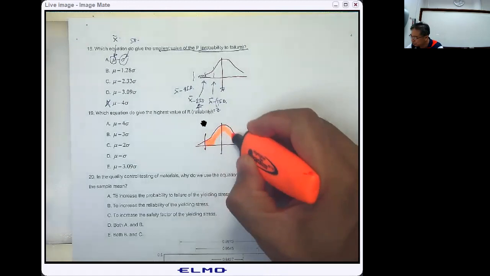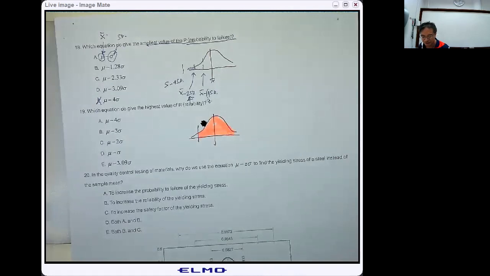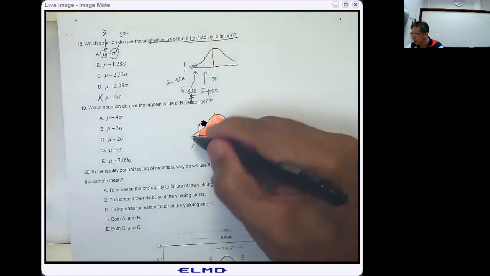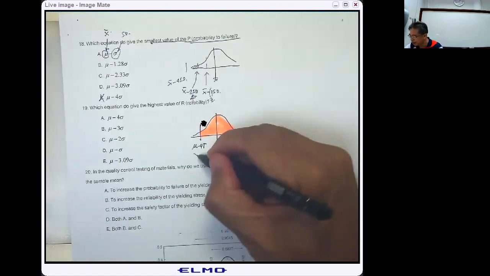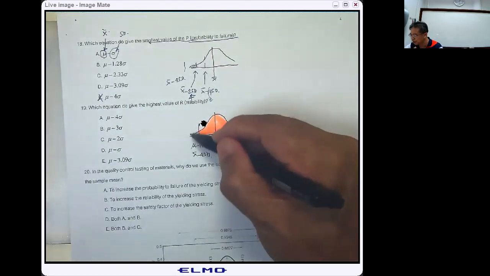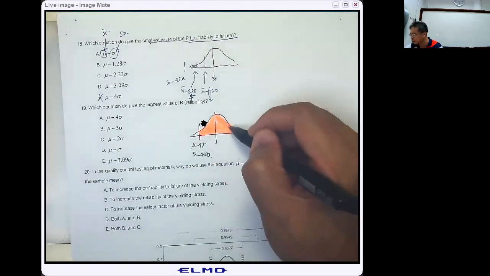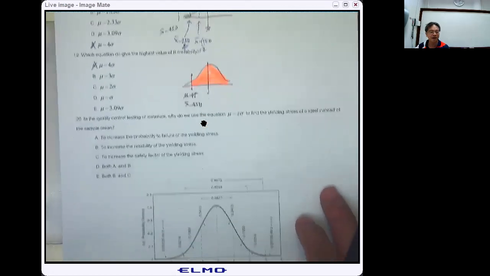If we would like to have the highest value of reliability, the value of this is supposed to be mu minus 4 sigma, right? Or x bar minus 4 standard deviation. If you go further like this, you're going to get a larger orange area. So this one, you're going to answer with A. Okay?